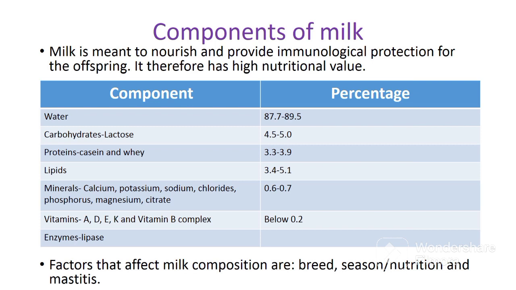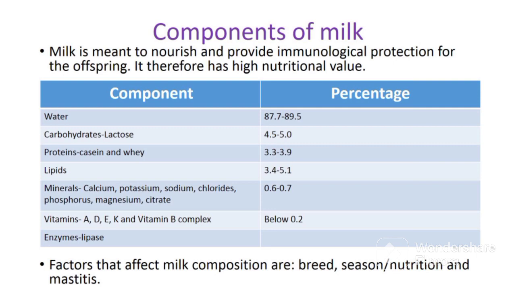Lactose is a disaccharide made up of glucose and galactose, and the percentage of lactose in milk is between 4.5 to 5.0. The next component is proteins, and proteins are categorized into casein and whey. The general percentage of proteins in milk is between 3.3 and 3.9. The next component is lipids or butterfat, and the percentage of butterfat in milk is between 3.4 to 5.1.